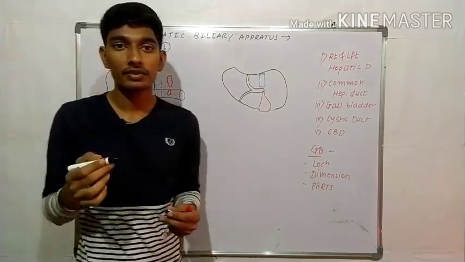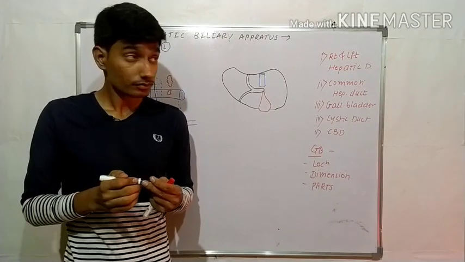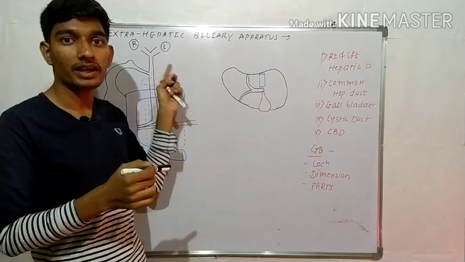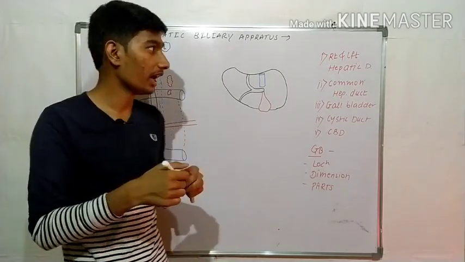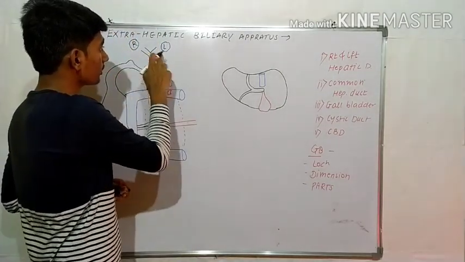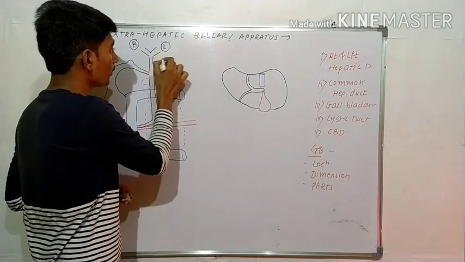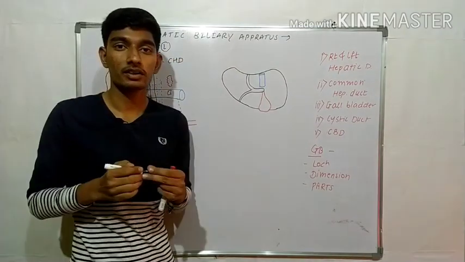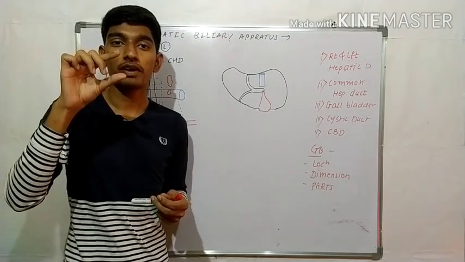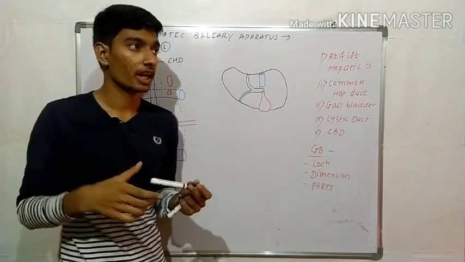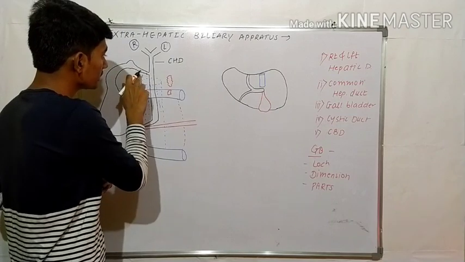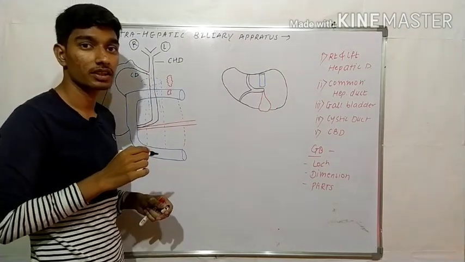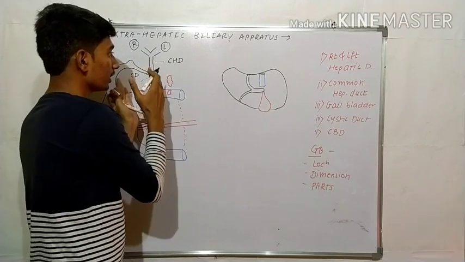Right and left hepatic duct receive the bile from the liver and they drain this bile into the common hepatic duct. Common hepatic duct runs for 2.5 centimeter or 1 inch and it joins with the cystic duct at an acute angle.